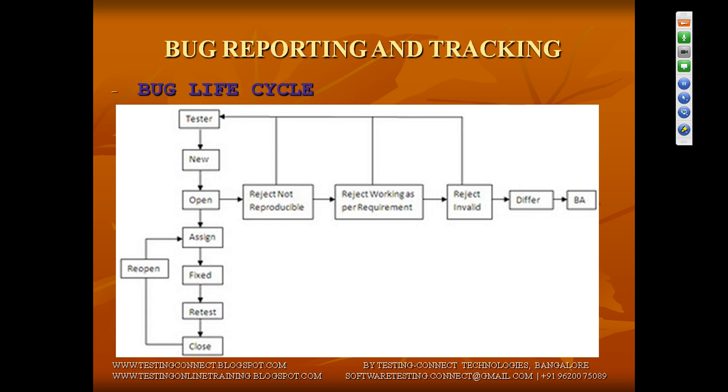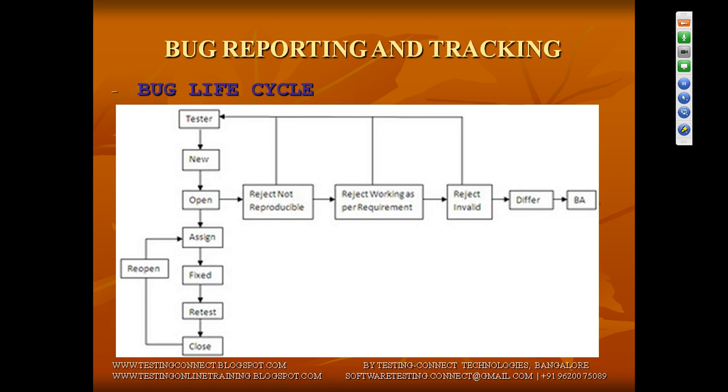So whenever he changes the status to fixed or retest, you will get an email, right? Then you will go to that bug and retest it once, to check whether he fixed it properly or not. If it is really fixed, you can change the status to fixed and finally you can close it.